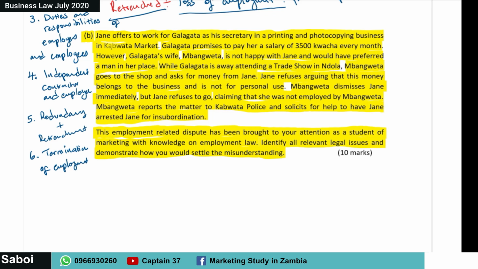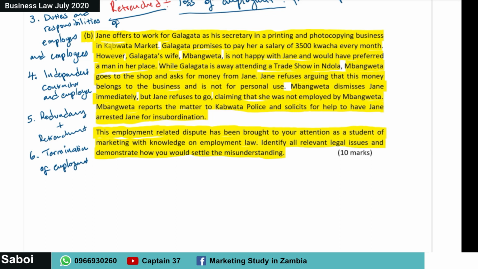Let me go to the shop, and when I'm there, I'm going to ask for money. And she goes there and asks for money. Jen refuses and says, I cannot give you this money. It's for the business. It's not for you to go and do makeup and your hair and all that kind. Mbangweta gets upset and she says, I am firing you right now. You are fired. Jen stands up and says, I am not going anywhere.